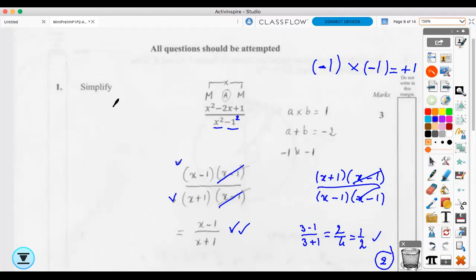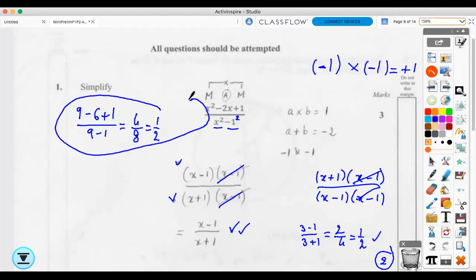That 3 should work for this. 3 square is 9, minus 2 times 3 is 6, plus 1, divided by 3 square minus 1, 9 minus 1. So 10 minus 6 is 4, 9 minus 1 is 8, and that is just a half. So by using a number, you could have quickly checked if your answer is correct, because a half is a half.